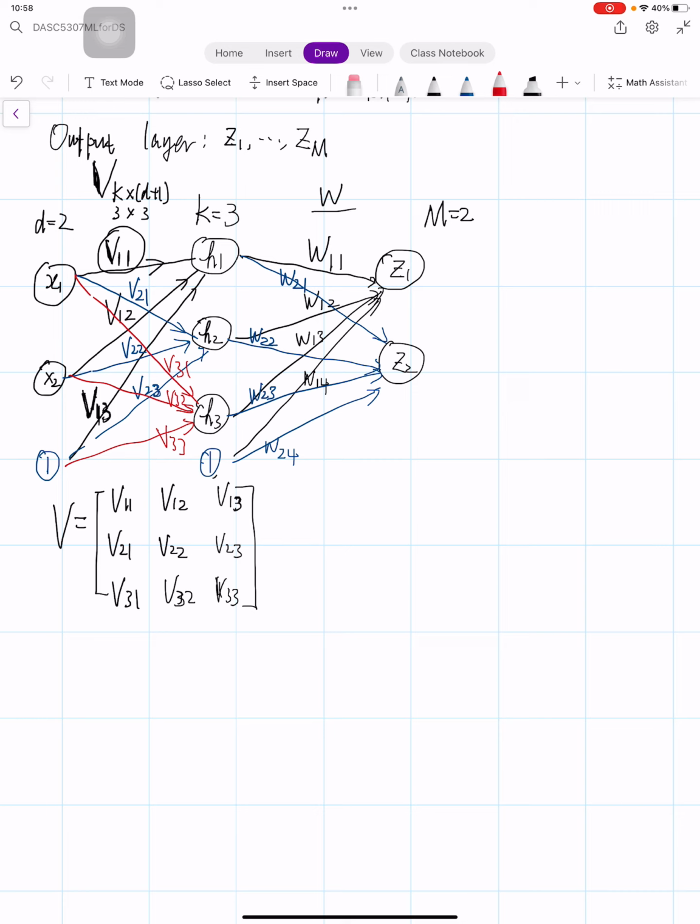So W is a matrix of dimension, sorry, it's not K, it's M by K plus 1. You transform from the K plus 1 hidden nodes to the M outputs, whereas for V you transform from the D plus 1 inputs to K hidden features.